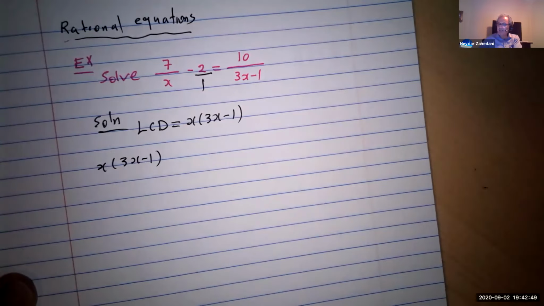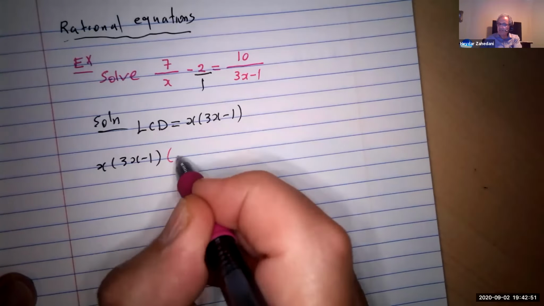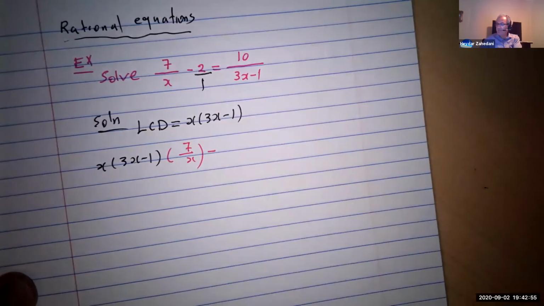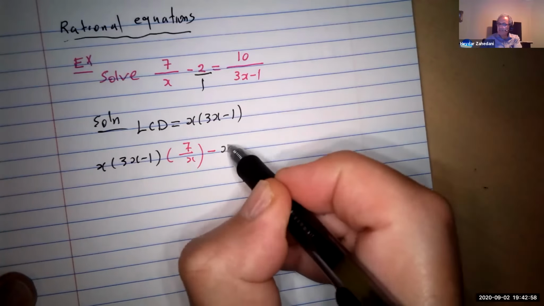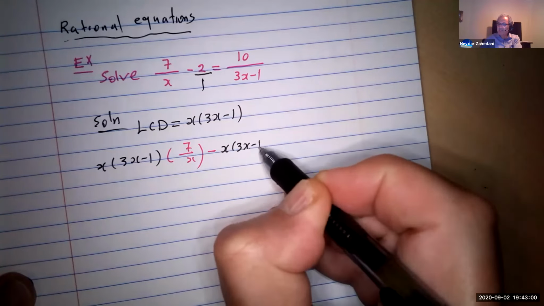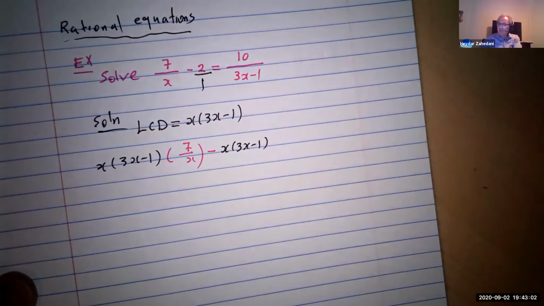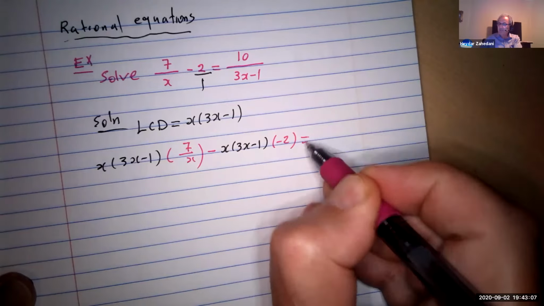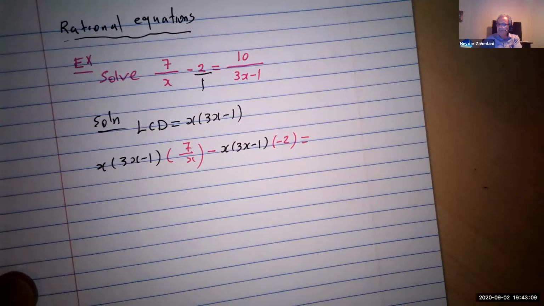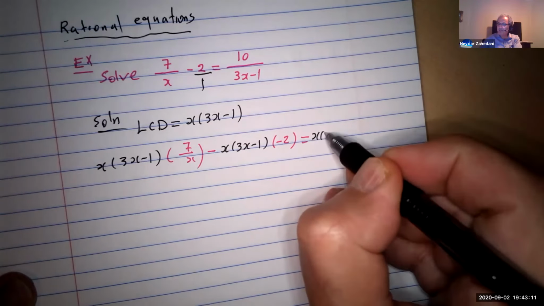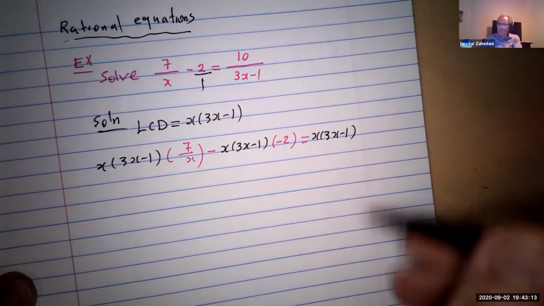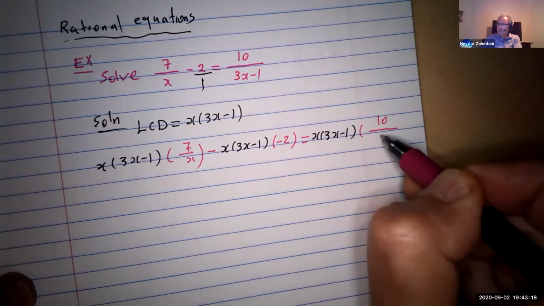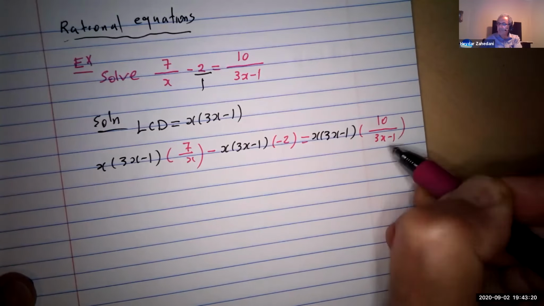Multiply by 7 over x, 7x. That's it, minus, again, x times 3x minus 1, times the negative 2, equal to, again, x times 3x minus 1, times 10 over 3x minus 1.